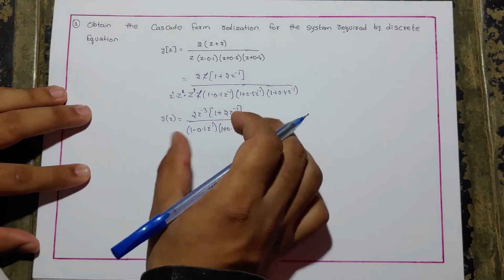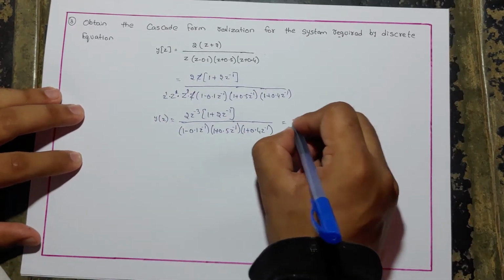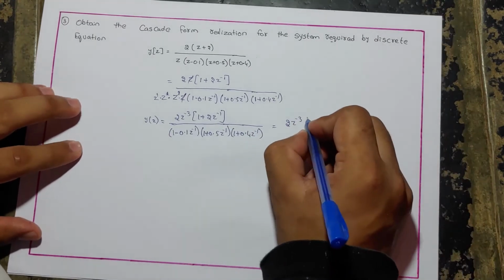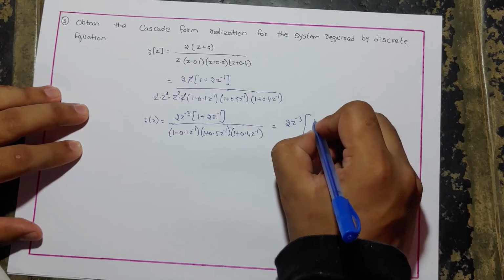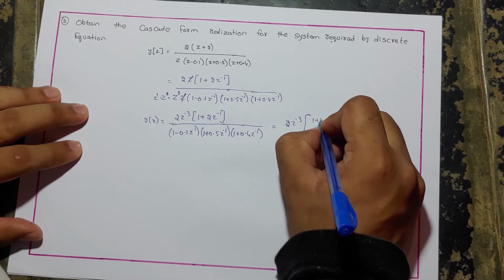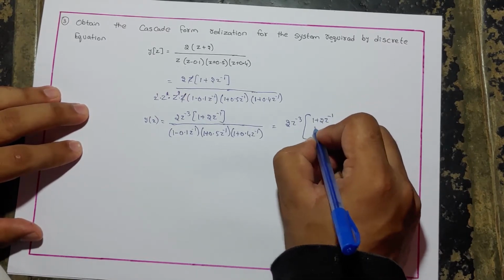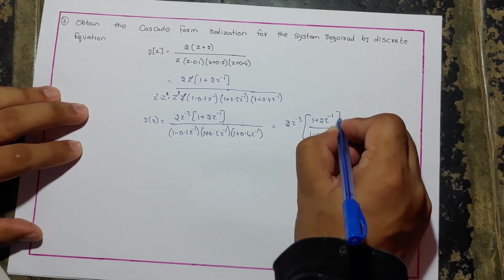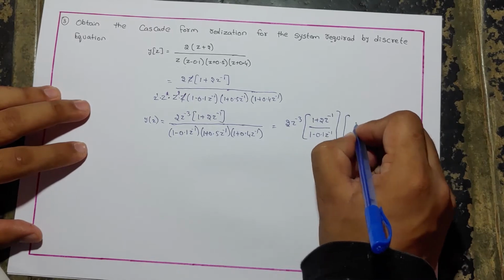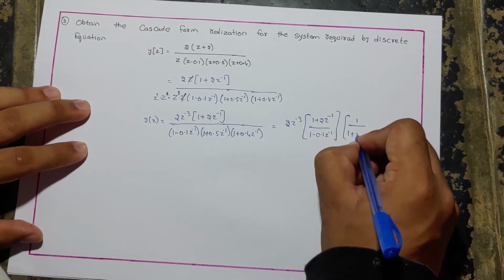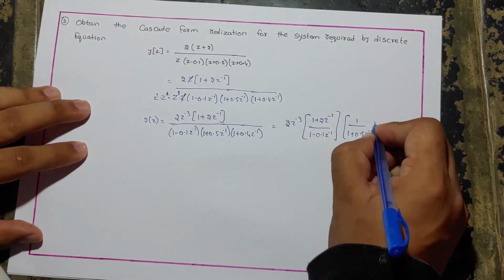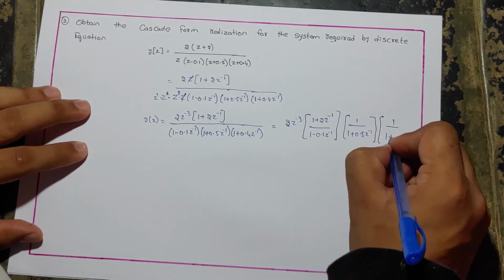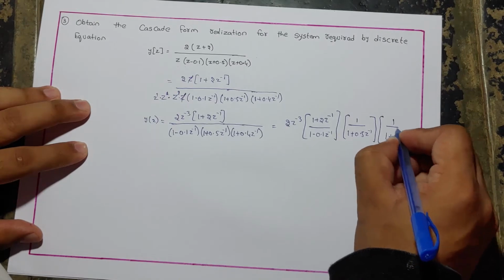Now let us expand these equations. That is, 2 times z power minus 3 is the first equation, the second set is (1 plus 2 z inverse) by (1 minus 0.1 times z inverse), the third set is 1 by (1 plus 0.5 times z power minus 1), and the fourth set is 1 by (1 plus 0.4 times z power minus 1).